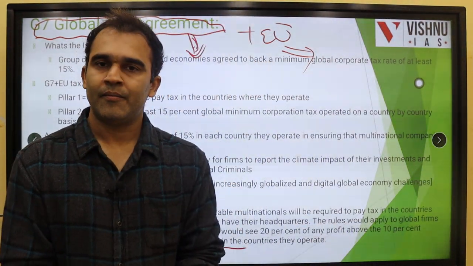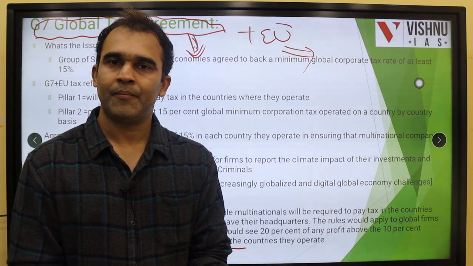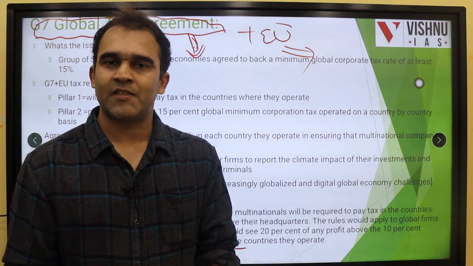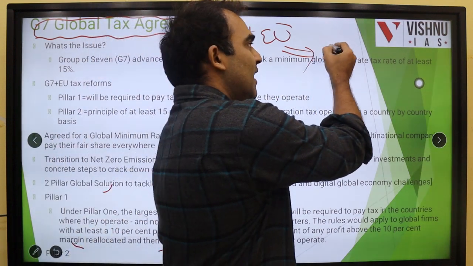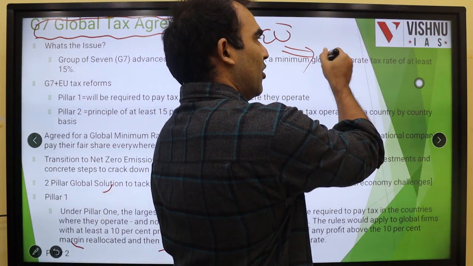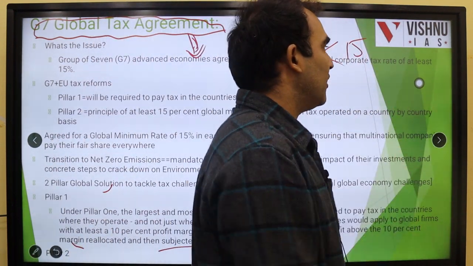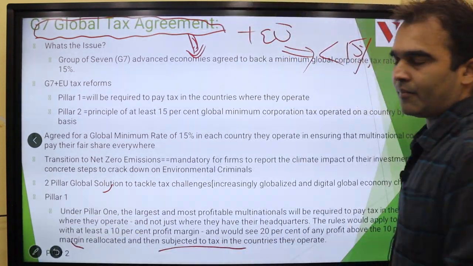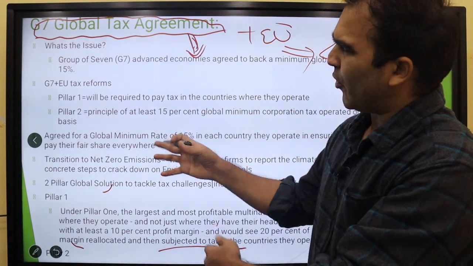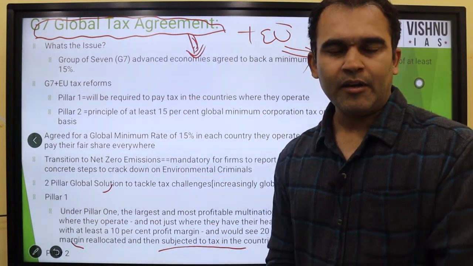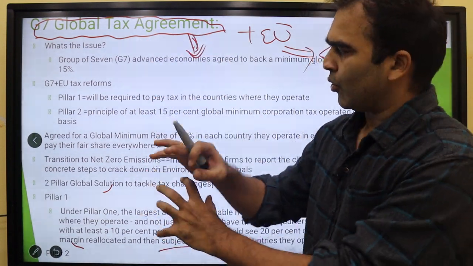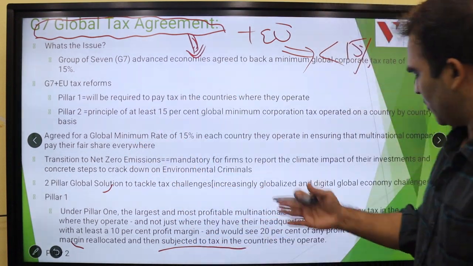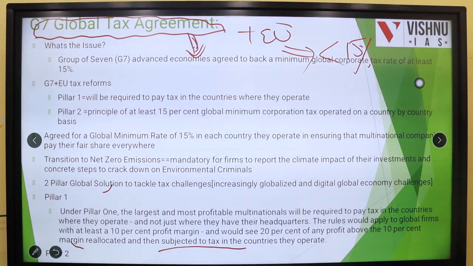Whenever this agreement is ratified, the corporate tax rate will not be less than 15%. These are some of the points which go into this tax agreement. I won't go into these details, but you can always go through it.